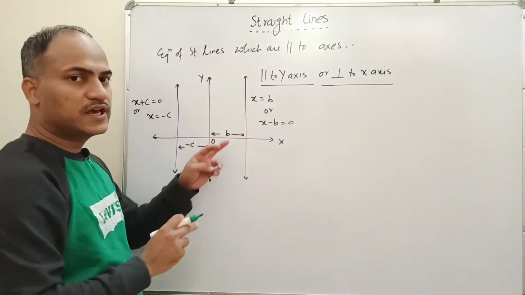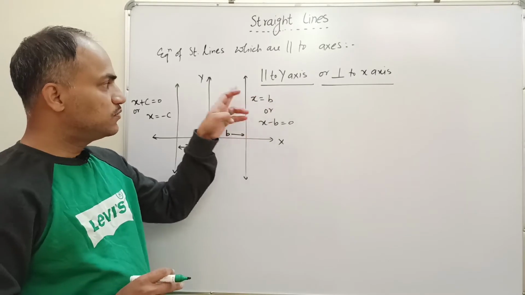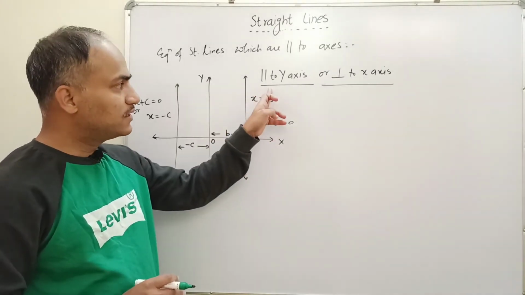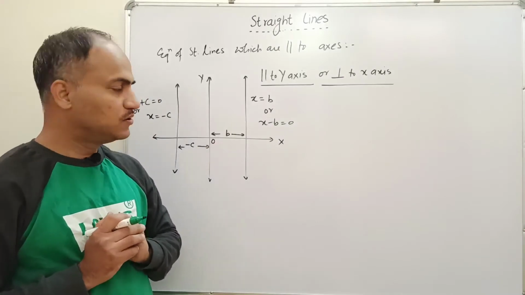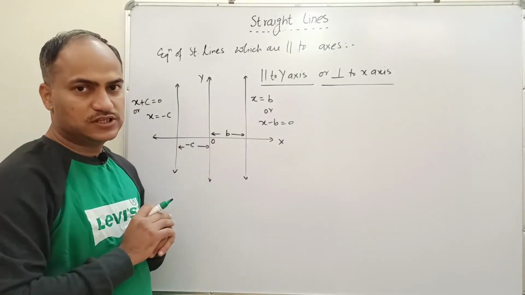So this was the case which we discussed. These straight lines were parallel to the y-axis, or we can say perpendicular to the x-axis. So we found the equation in this manner.